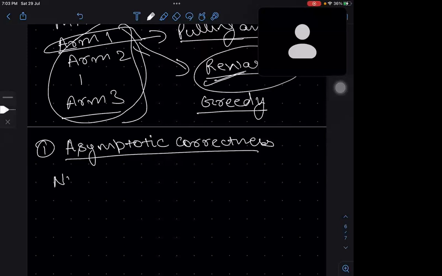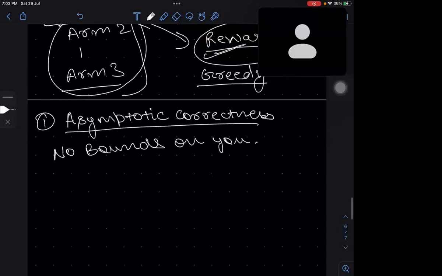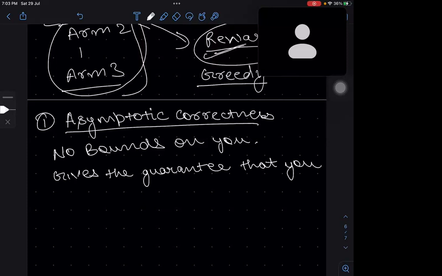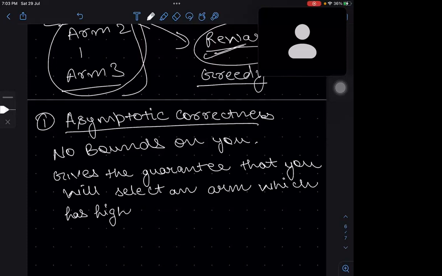Basically, we are not putting any bounds on you, and it gives the guarantee that you will select an arm which has the highest payoff or reward.